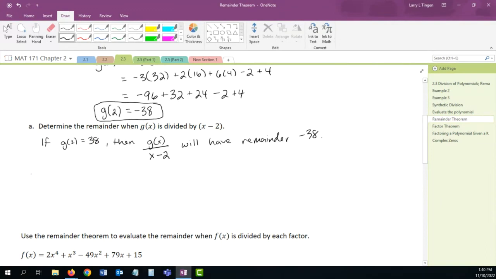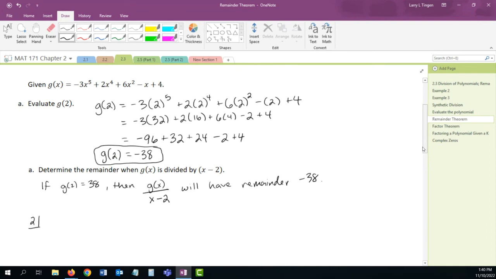So let's do it. 2 goes in the box. Coefficients of g of x are negative 3, 2, then 5th degree, 4th degree, missing a 3rd degree, so you need a 0 for that placeholder. 6, negative 1, and 4.